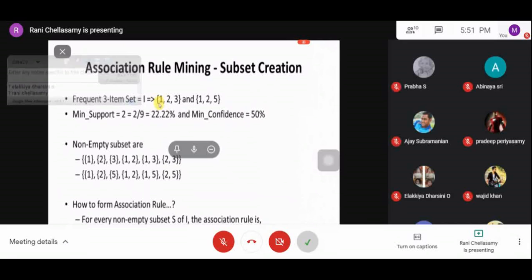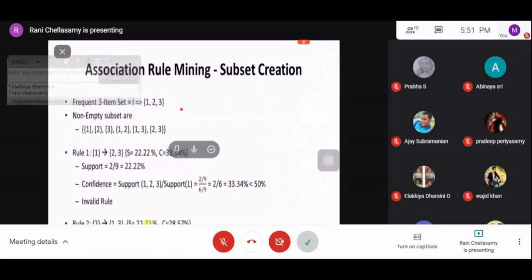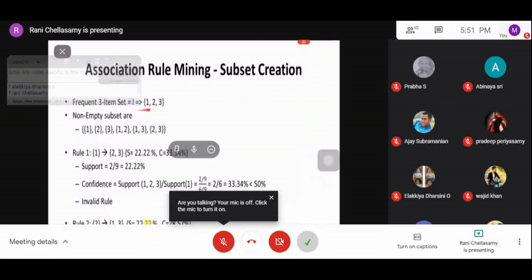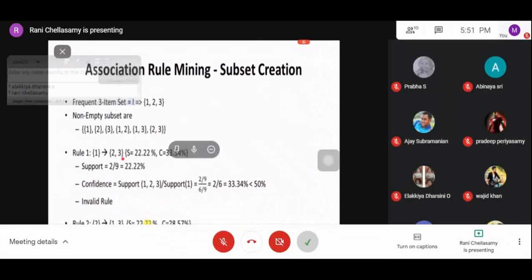What are the non-empty subsets? List them out here. And what is the first rule? How to frame the rule? Just now we have seen S implies I minus S. So take the first non-empty subset. If this is S, what is I? I is 1, 2, 3. Minus this S, you are getting the rest, which is the consequent part.